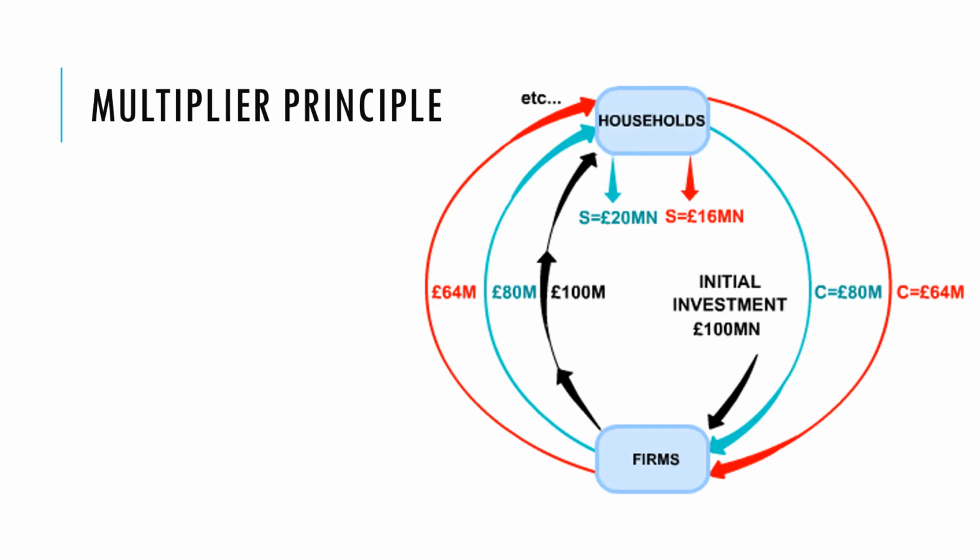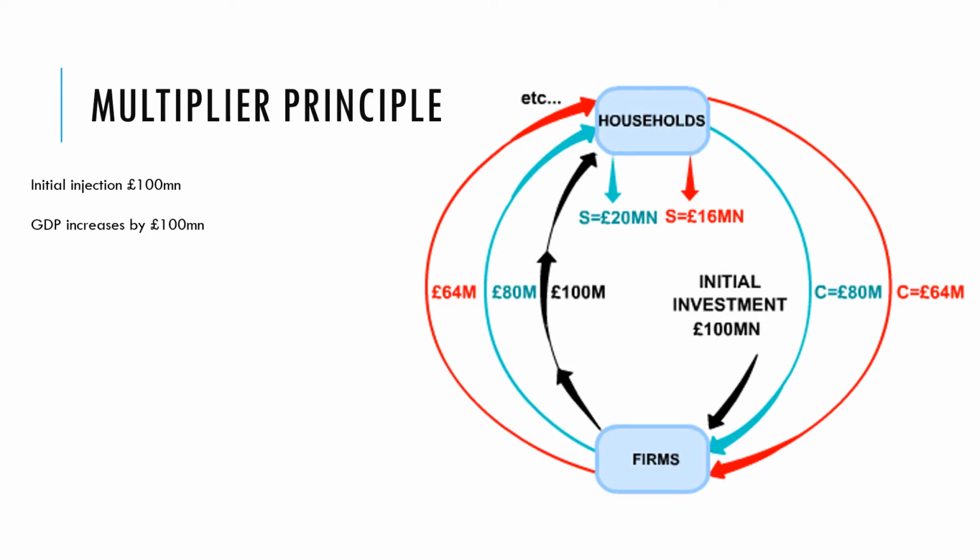So we said initially that we had an injection of business investment in our previous example. Let's imagine our initial injection of investment is £100 million. That's the initial injection. So an injection of £100 million would increase GDP by £100 million.